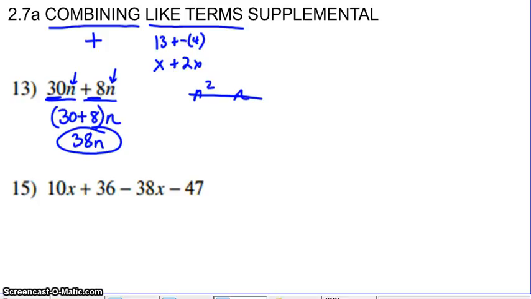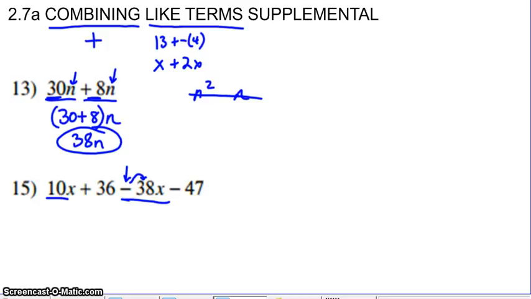Alright, number 15 has 4 terms in it, and we're going to combine what's alike. So first off, we have to identify what's alike. Well, I have 10x and I have negative 38x. Remember, this sign goes with this number here.